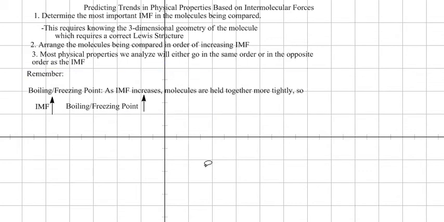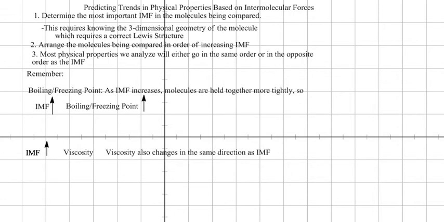For a boiling point and freezing point, as the IMF increases, the molecules are held together more tightly, so the IMF and the boiling point or the freezing point go in the same direction, and when one goes up, the other goes up. This is also true for viscosity.